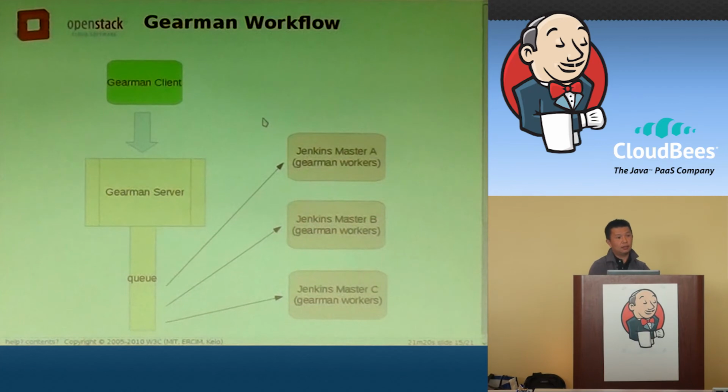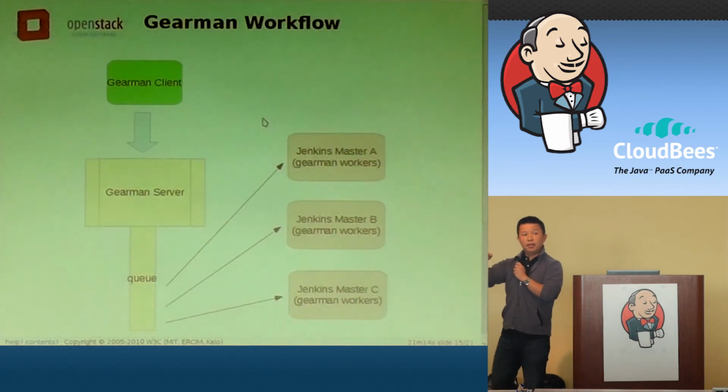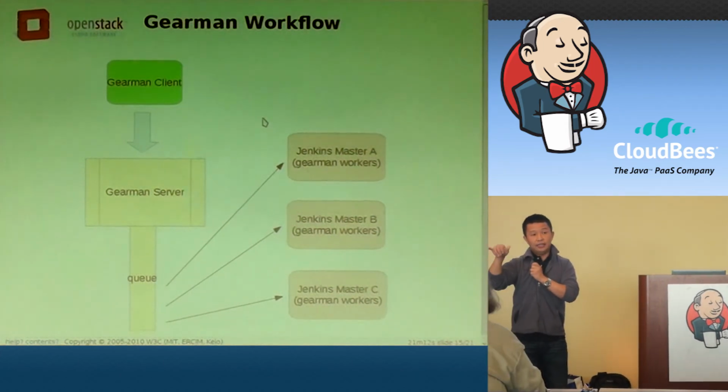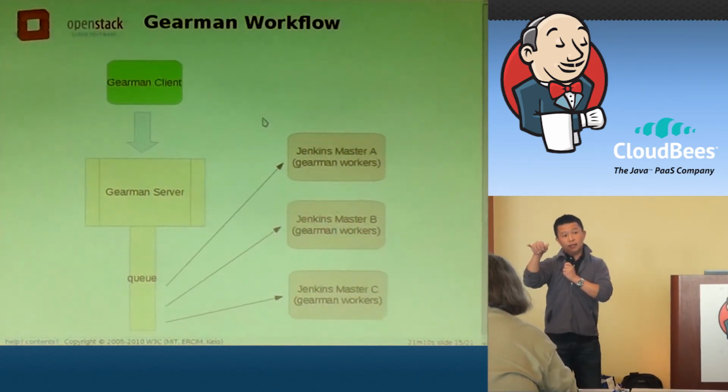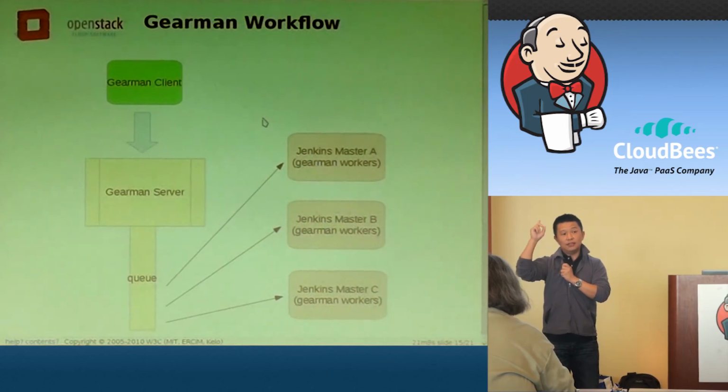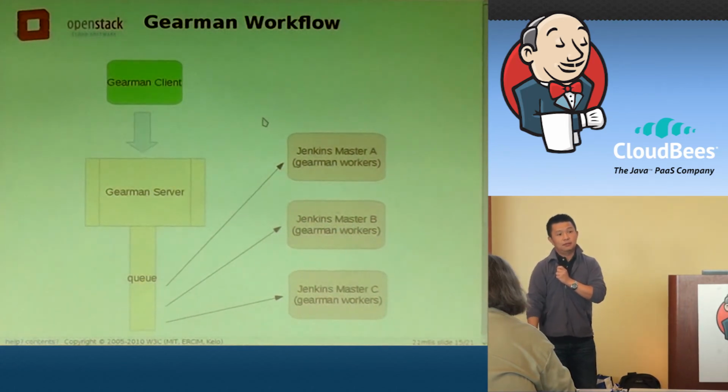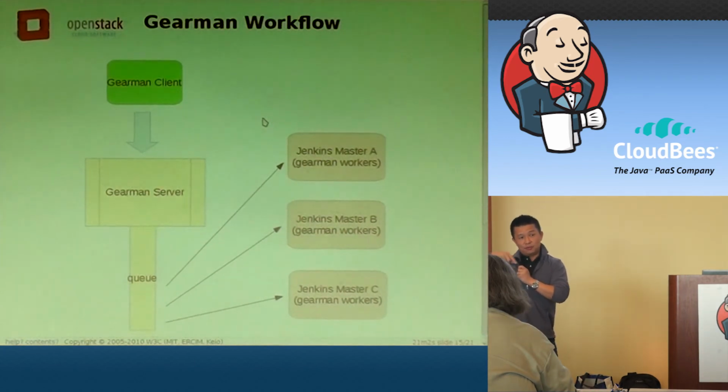Is it that the workers register themselves with Gearman? Is that how it works? Yeah. Basically, when you start the workers up, they register this function ID. And that function ID says, I can do this work. Oh, okay. So that's how Gearman learns about it. Yeah, that's how the master knows which worker can do what job.